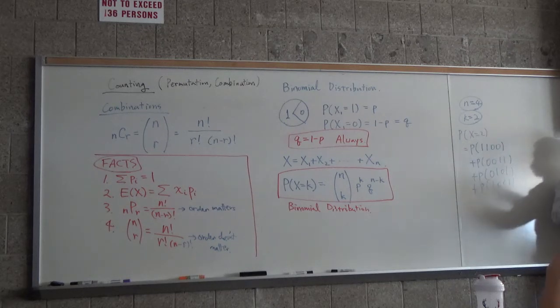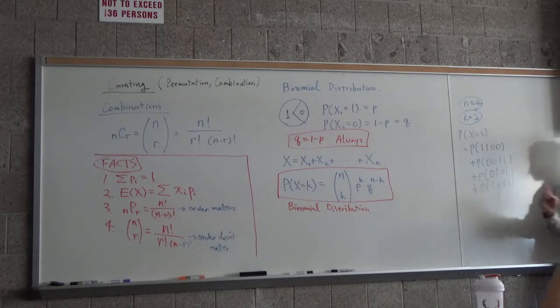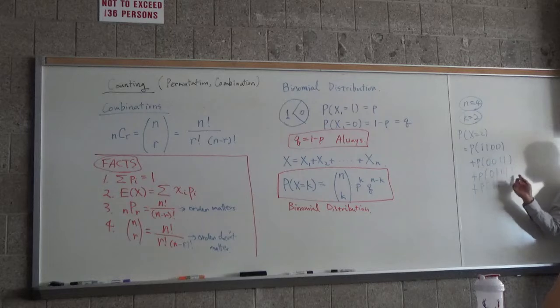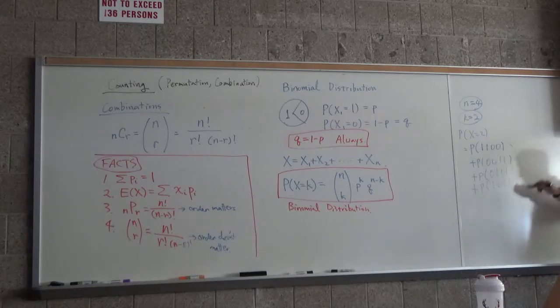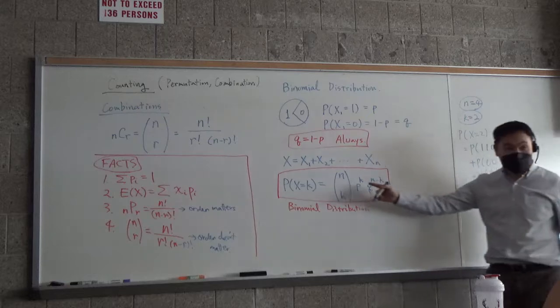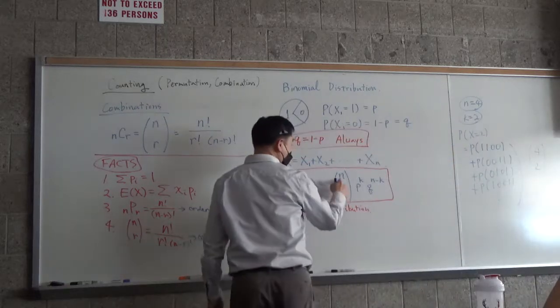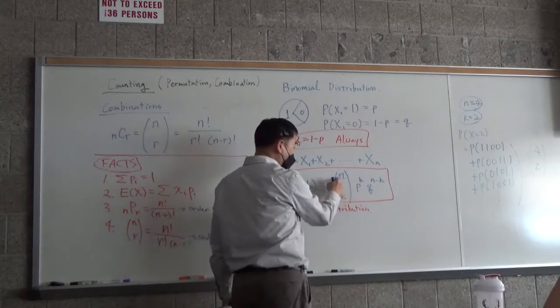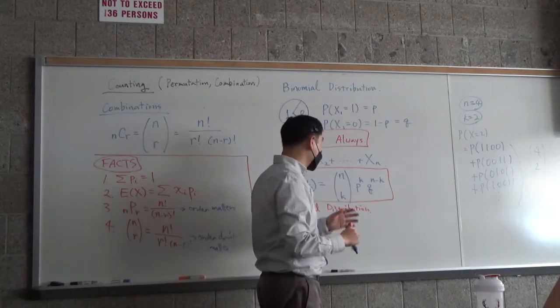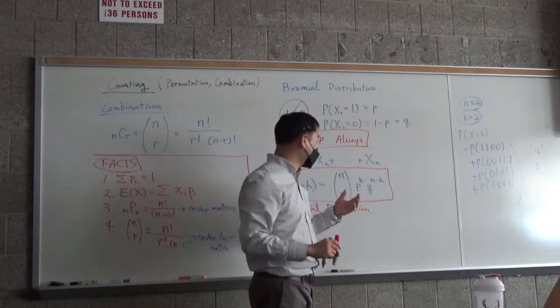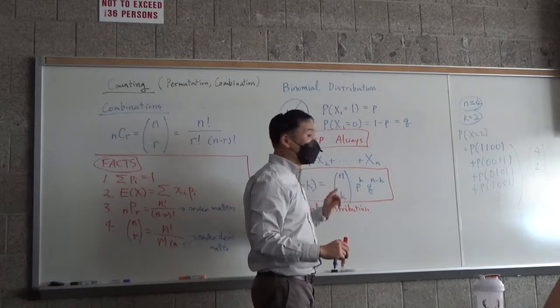The number of events, if you count them, is exactly the same as 4 choose 2. That's where this comes from. You're winning k times out of n, so the winning events are n choose k number of events.